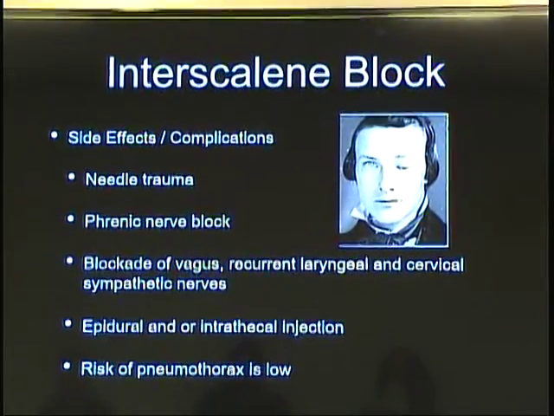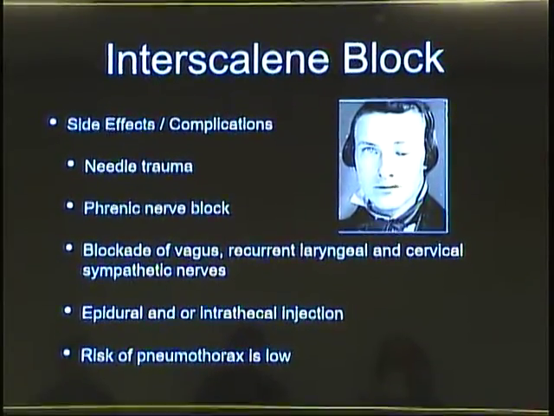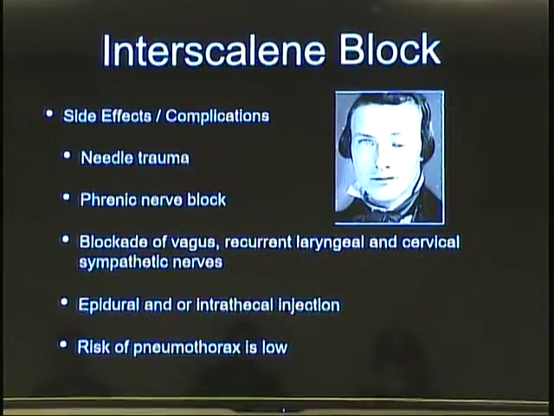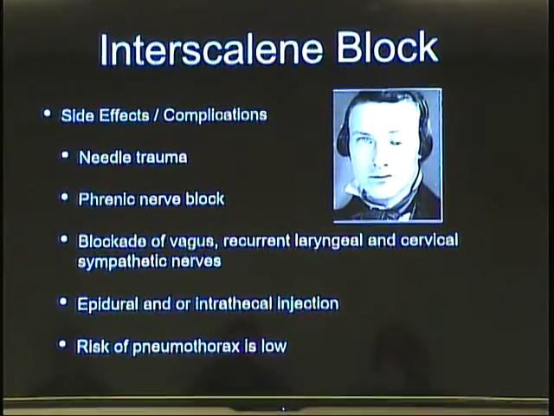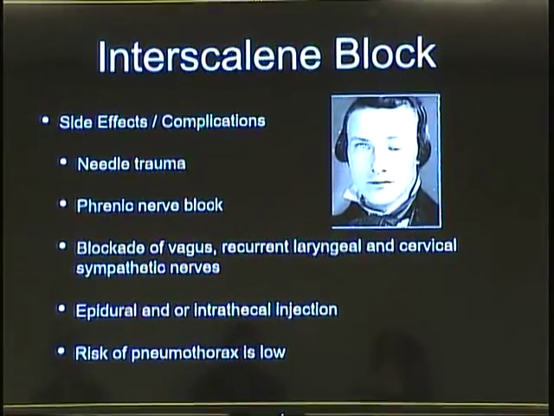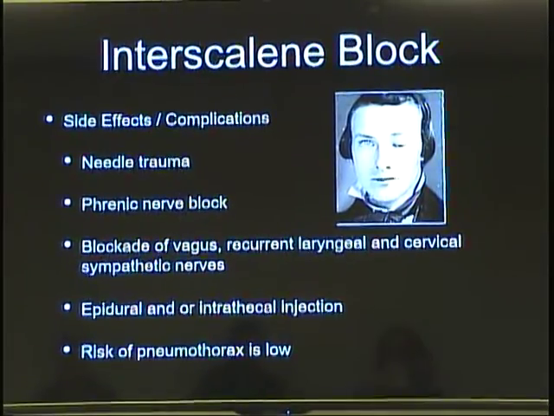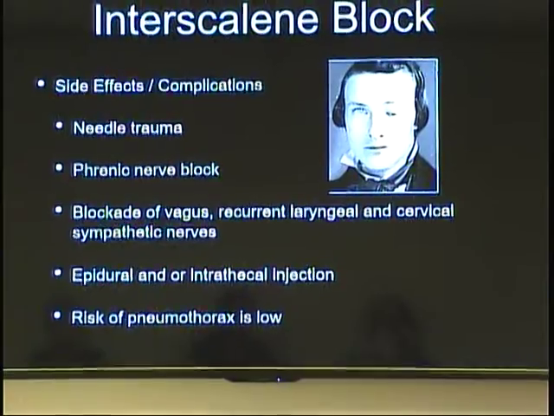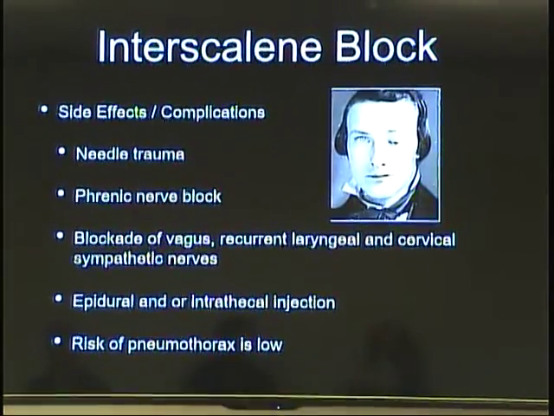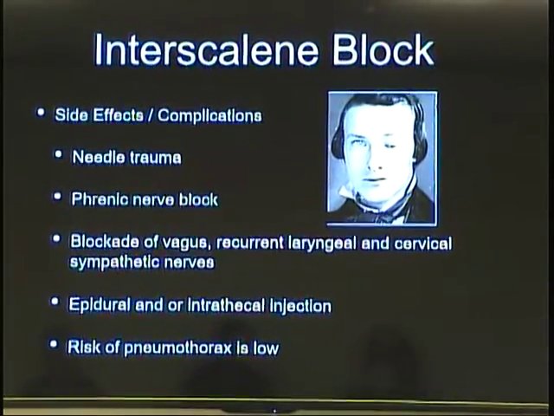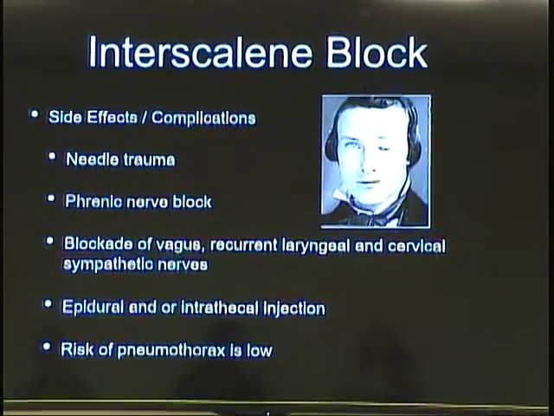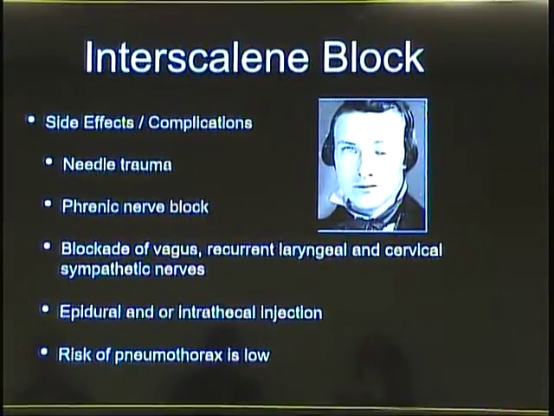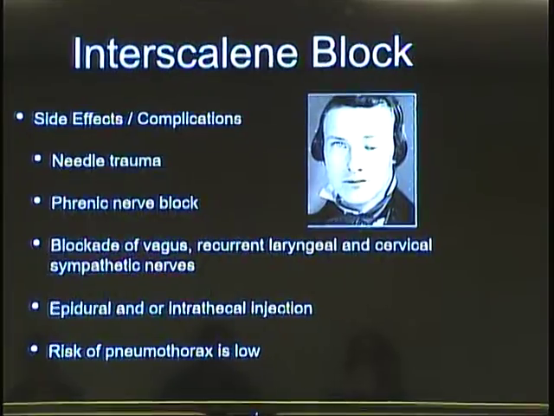And then we talked about that transverse process you're really close to. It's happened. I don't think it happens as much now that we have ultrasound, but you could get an epidural or intrathecal injection of this medication. When you're doing a lumbar spinal, that medicine sits at the lumbar root level and numbs everything down, but if you get a high block here, that's a high spinal.